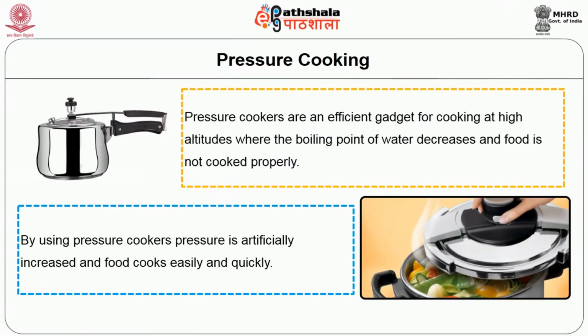Pressure cookers are an efficient gadget for cooking at high altitudes where the boiling point of water decreases and food is not cooked properly. But by using pressure cookers, pressure is artificially increased and food cooks easily and quickly.